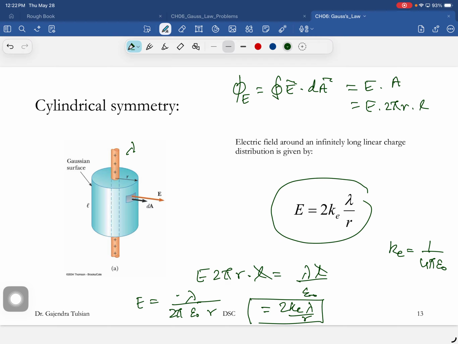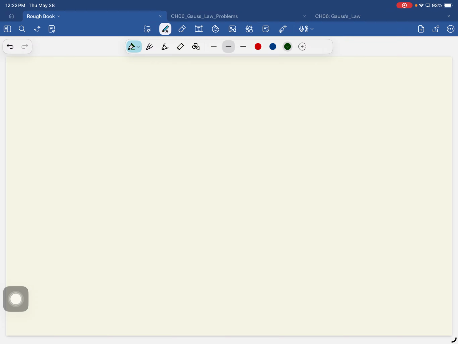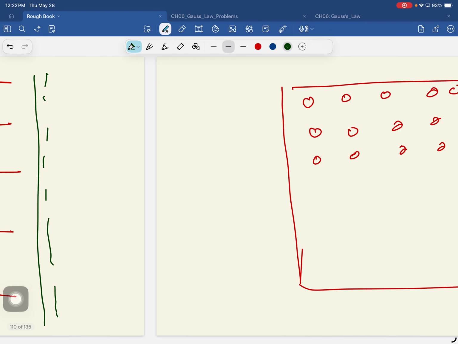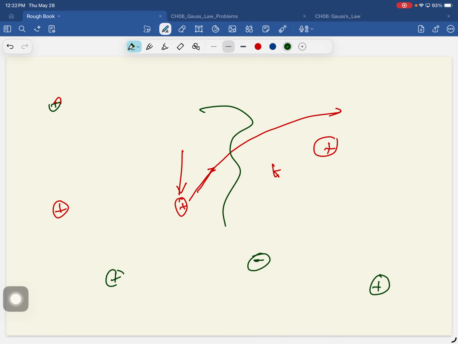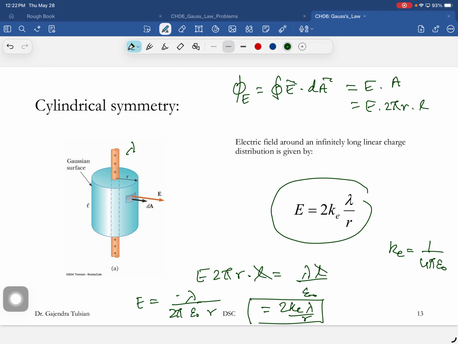This was a -1 unit charge. This will be a total of +1 unit charge, and it's redistributed so that its center of mass or center of gravity is right there. And then there'll be 1 unit of negative charge because these electrons float over there. And these guys are evenly distributed.